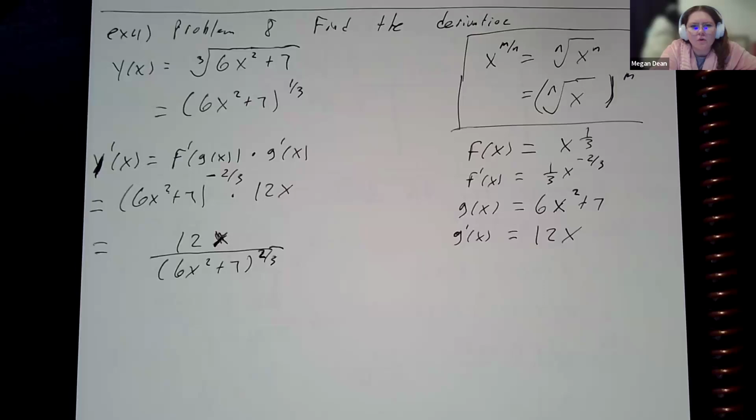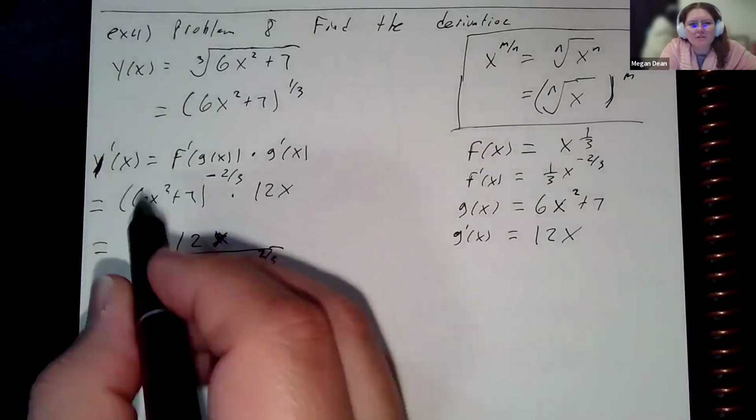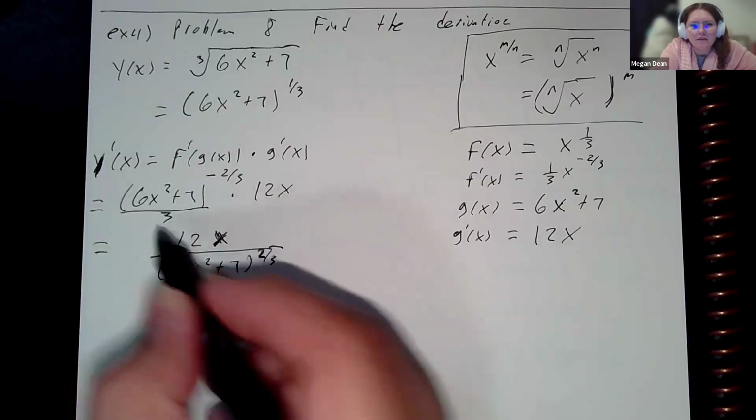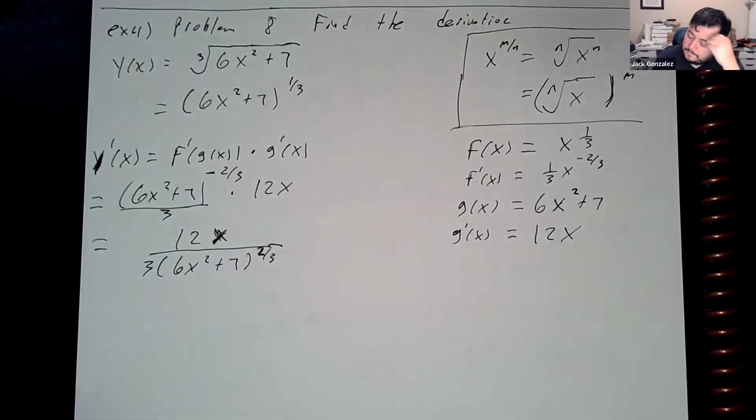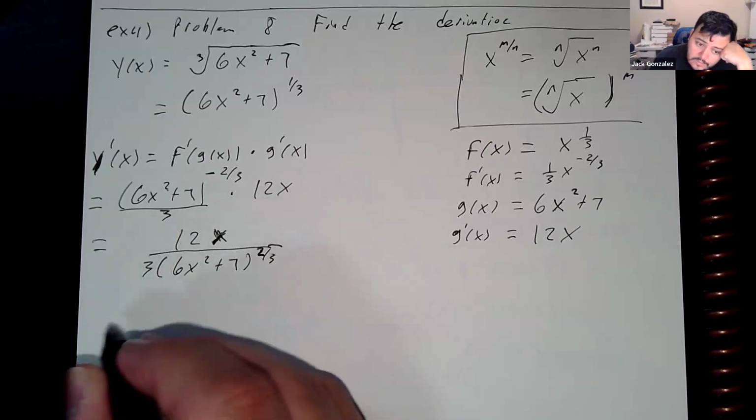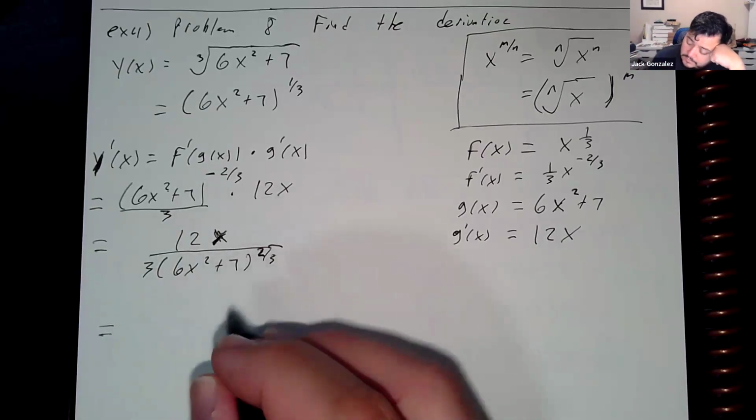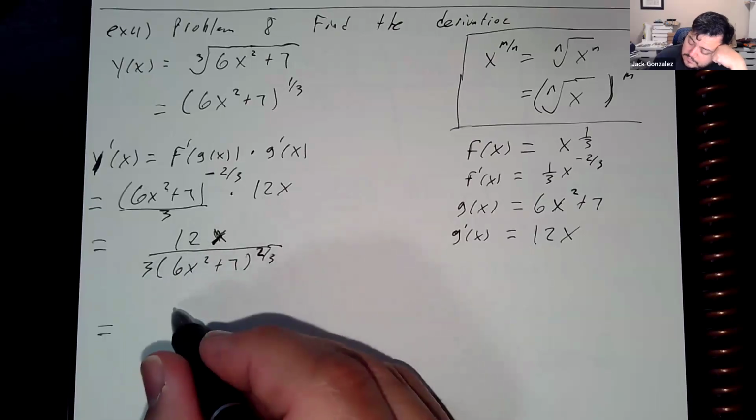Where did the 1/3 go? I think it's supposed to be in front of the parenthesis. Yeah, you're right. We'll put it down here instead. Okay, and then if you want to use radicals, you could use 12 divided by 3 is 4, so that'll be 4x, right?